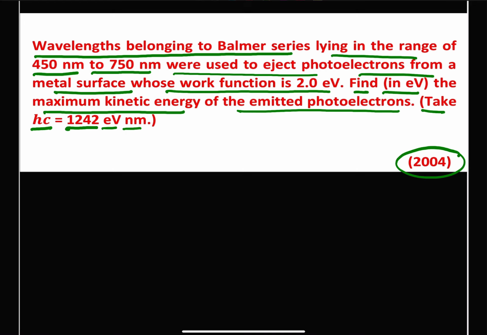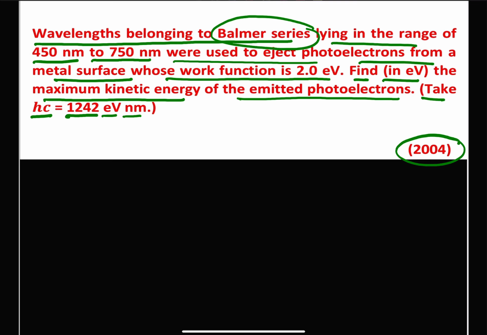So here we are given that the wavelengths belong to the Balmer series, and for Balmer series we know the transition is going to take place to the value of n equal to 2. So we start from there only.